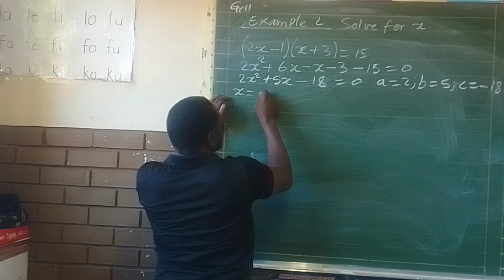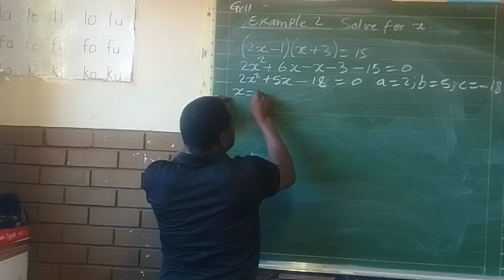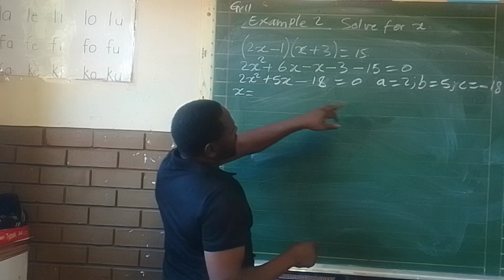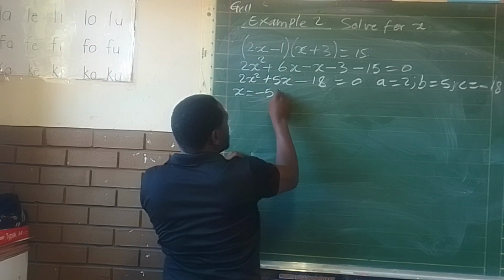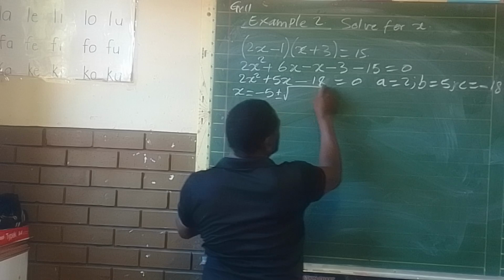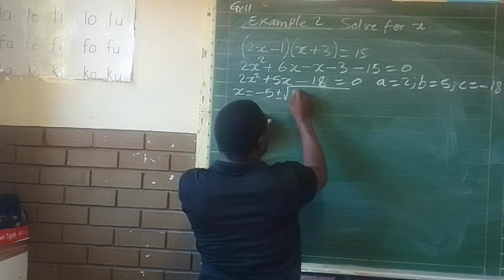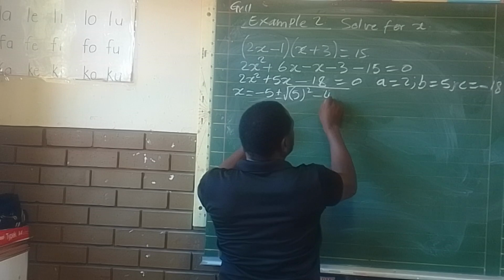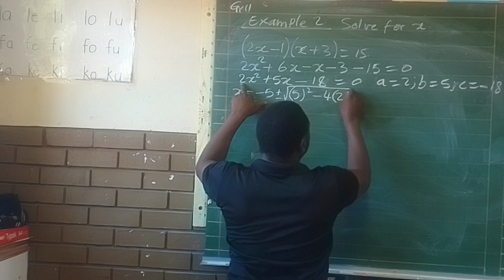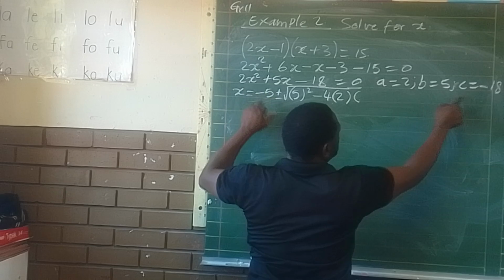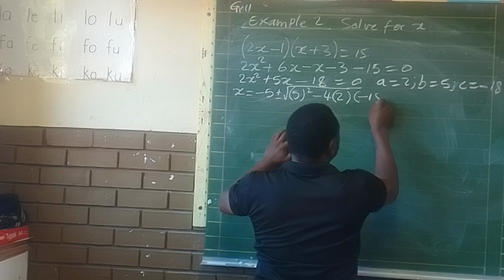X is equals to minus b. Where is b? Here is b. It's minus b plus minus the root of b squared, 5 squared, minus 4a. Your a is 2 in this case. C is minus 18.